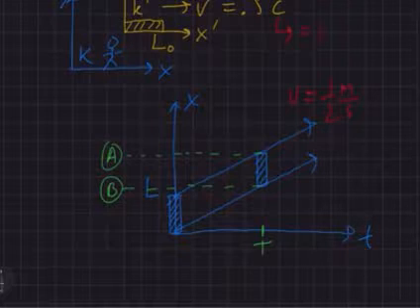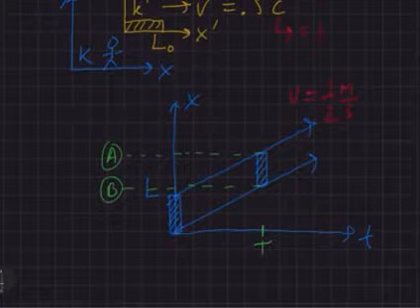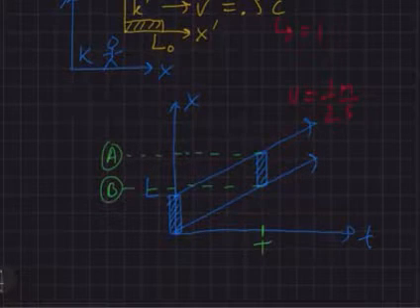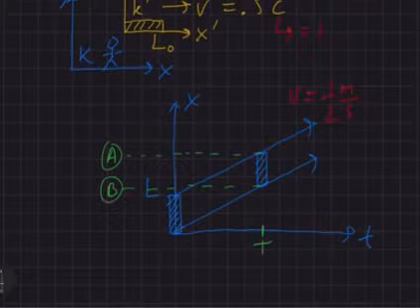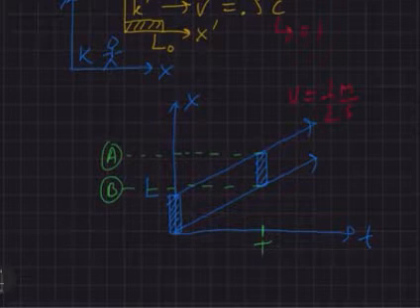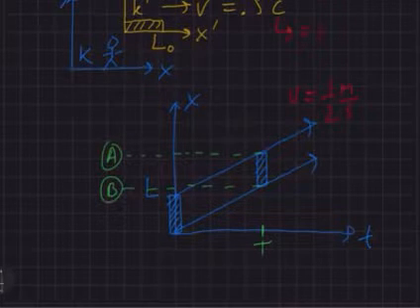We have simultaneity of the ends of the ruler corresponding to positions A and B at the same time. But when we look at the K prime frame, we'll see that this simultaneity is lost. And this is a general feature of the special theory of relativity. Simultaneity in one frame doesn't necessarily imply simultaneity in another inertial frame.